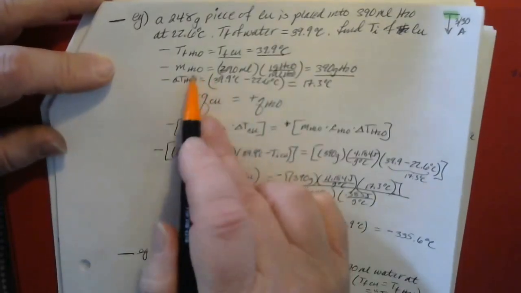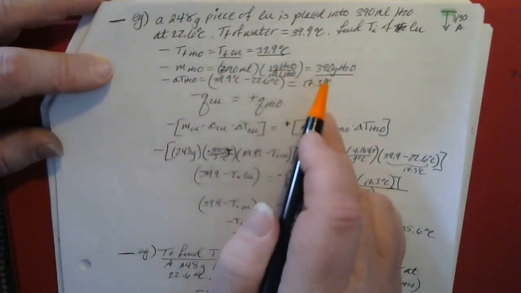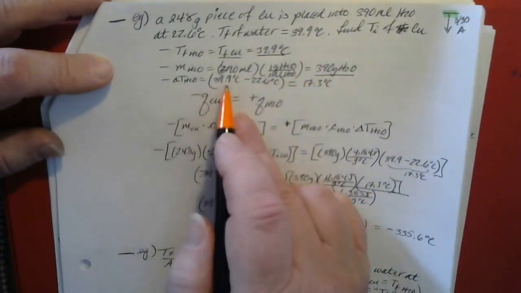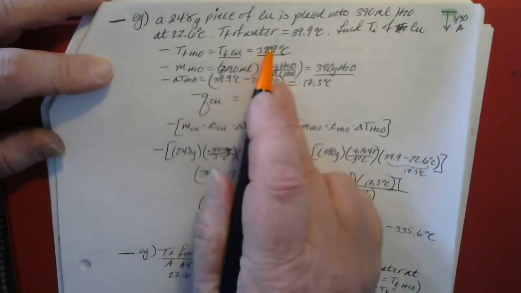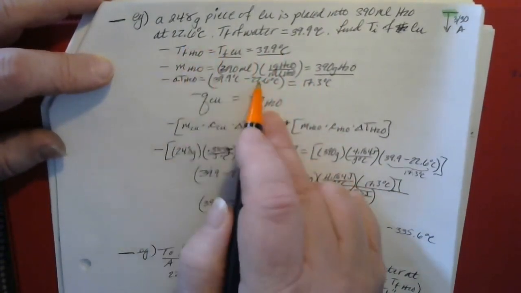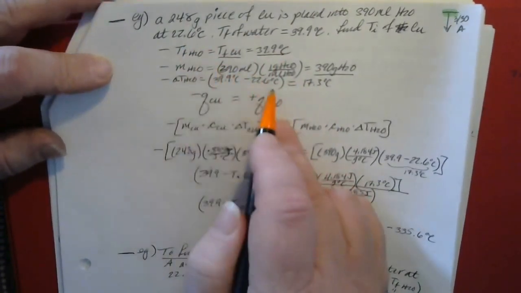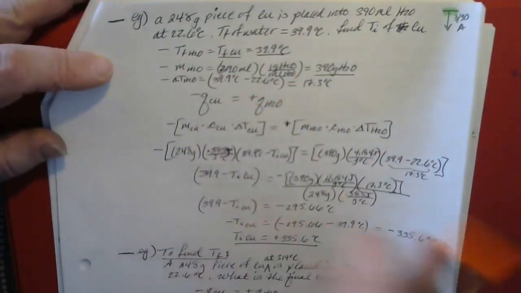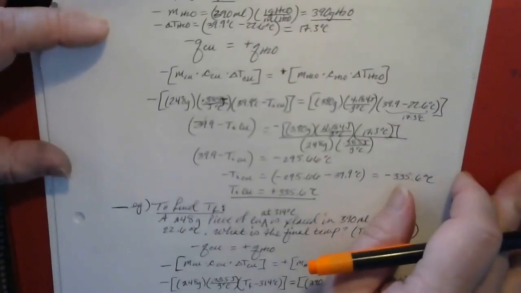And as I mentioned before, 390 milliliters of water is also 390 grams of water. The change in temperature of the water is 39.9, the final temperature, minus 22.6, where the water started out, and that's 17.3 degrees Celsius.